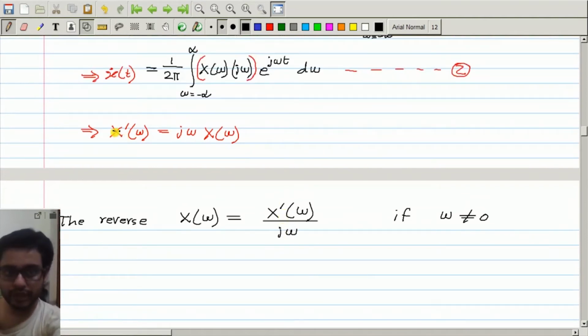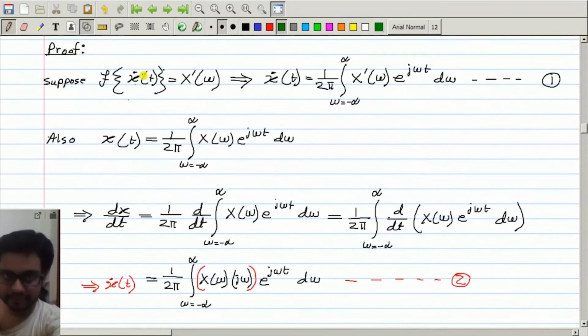In fact, you can notice from here one interesting fact that X prime of 0 is equal to 0 always for any signal x(t).